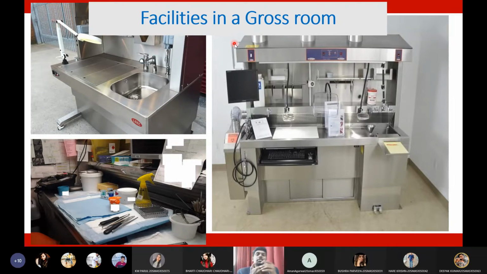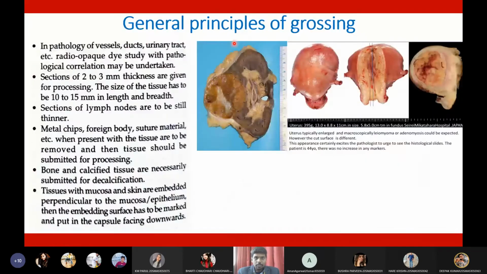Description of the cut surface. Then a photograph of the biopsy or the organ. For a large specimen, only the infected part needs to be collected. If it is a small specimen, then the entire specimen can be used for gross examination. Very good, Parul.